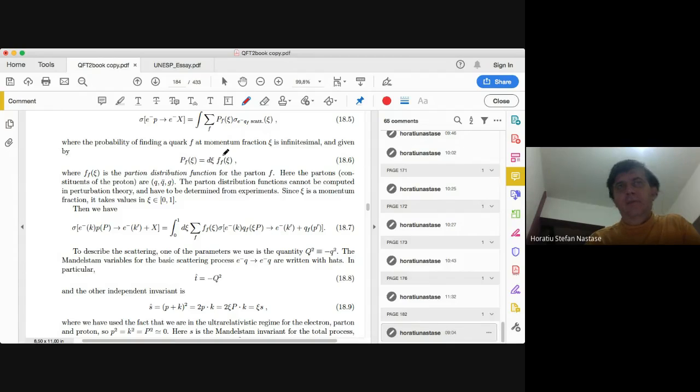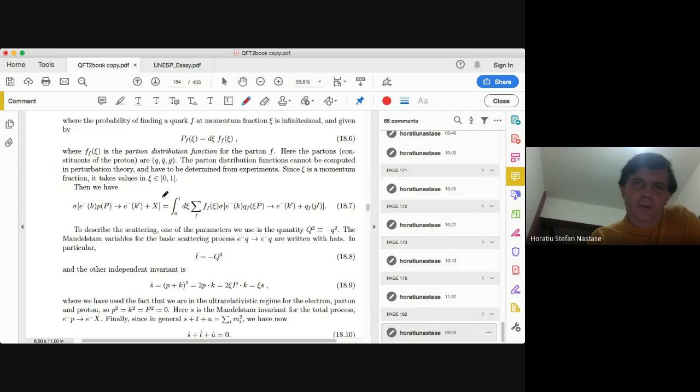So even if the proton itself is uud, that doesn't mean that I cannot have other kinds of quarks inside, virtual quarks. So psi is a finite fraction of the momentum. That means psi is in 0, 1, but it's not very small. Not very close to 0, not very close to 1.